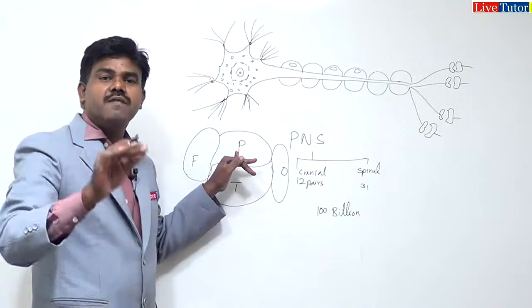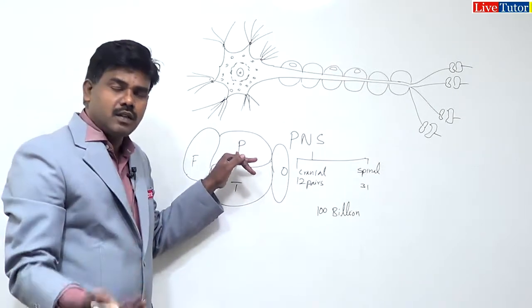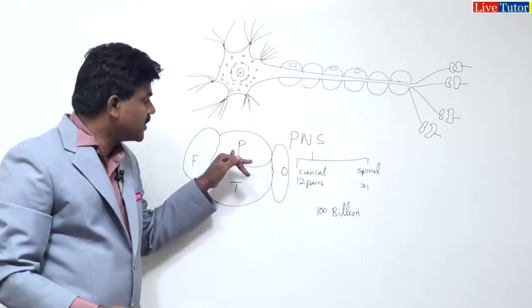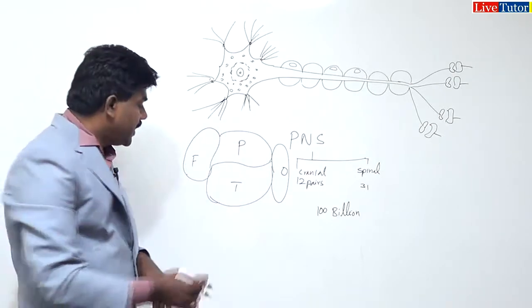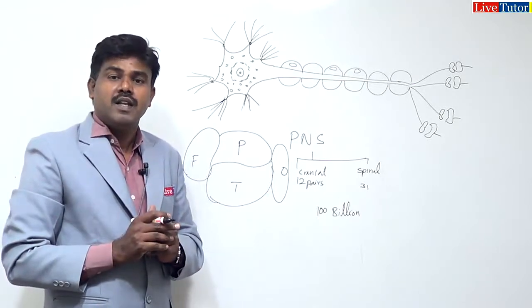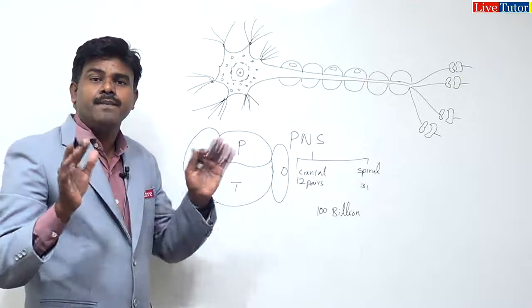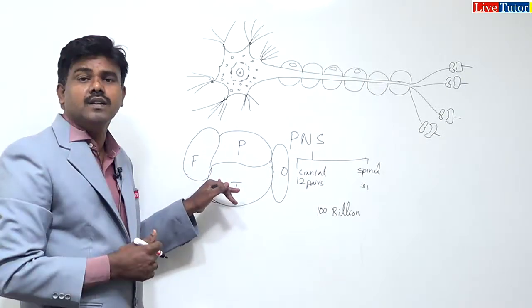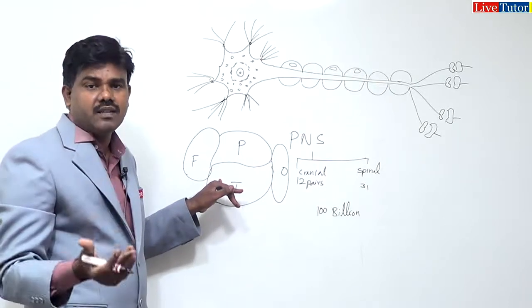For the parietal lobe, all sensory information, touch, heat, pain, whatever it is, is passed to the parietal lobe. The temporal lobe is responsible for smell and hearing: the olfactory area for smell and the auditory area for hearing.